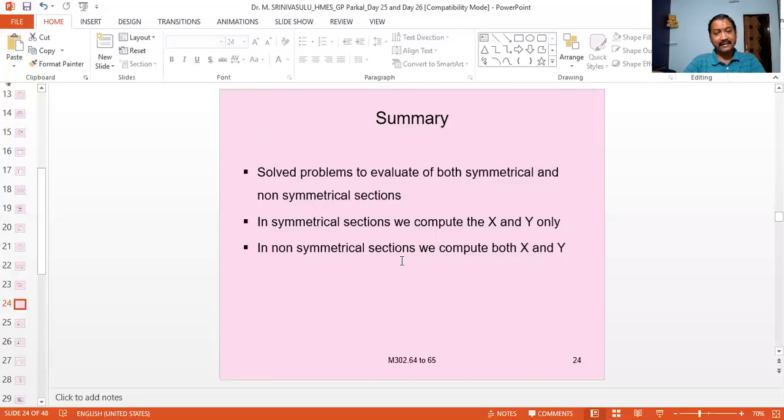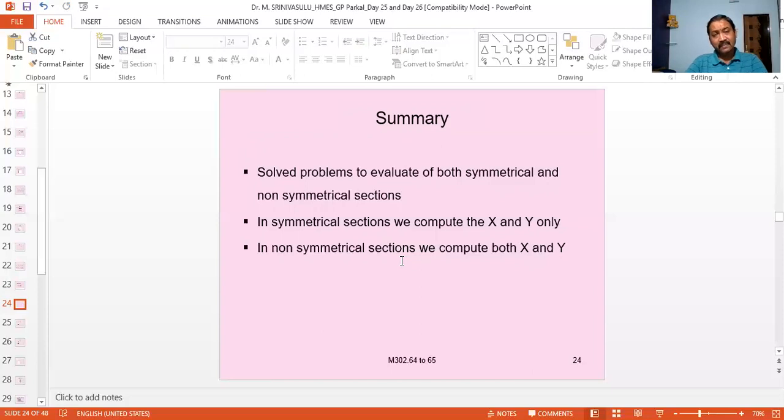That means if a given figure is symmetrical about the x axis, then the centroid is lying on the x axis. So we only need to find out the height of the centroid, that is the y coordinate.